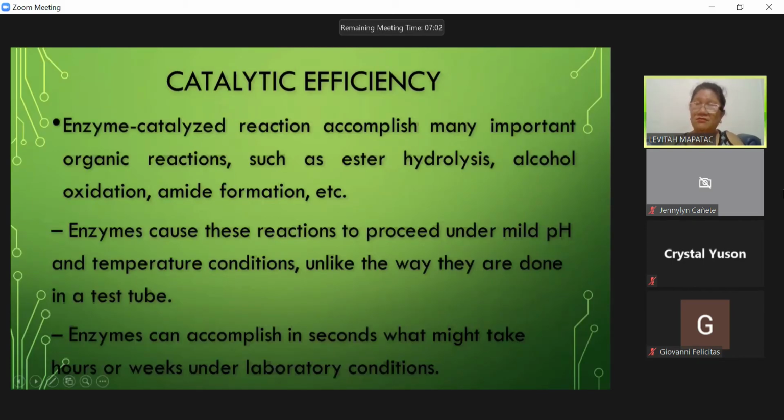Organic reactions such as the different reactions in body processes, for instance, ester hydrolysis, oxidation, and amide formation.